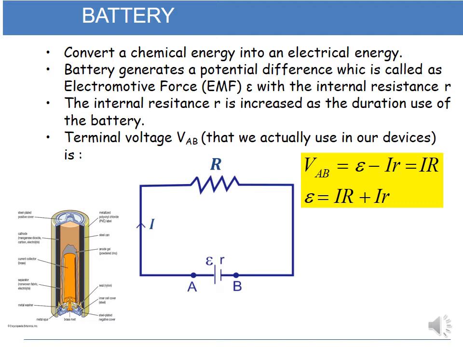A battery is a device that converts chemical energy into electrical energy. Inside the battery we have several materials, for example zinc and carbon paste. In principle we have two types of materials, one with more electrons and the other with fewer electrons.